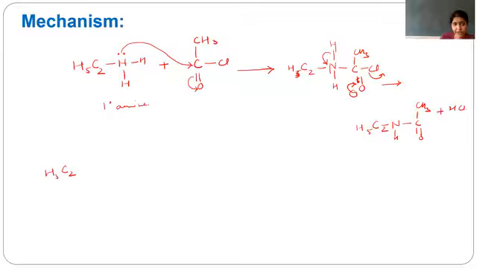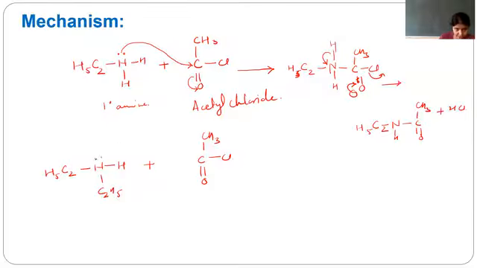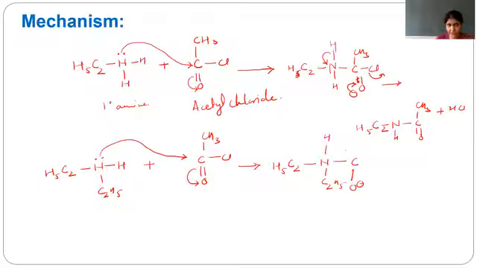Suppose we are taking C2H5 and C2H5, diethyl amine, and it reacts with acetyl chloride, and in the first step it forms a bond with carbon and forms C2H5 and C2H5, hydrogen carbon. This bond comes to the oxygen. This oxygen becomes negatively charged, and after that here is CH3 and Cl.